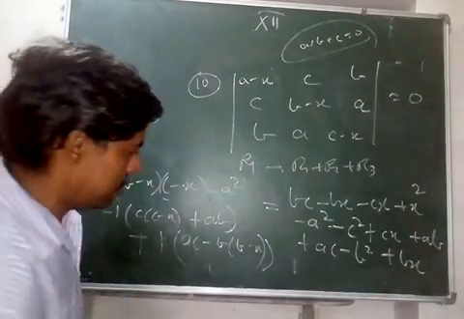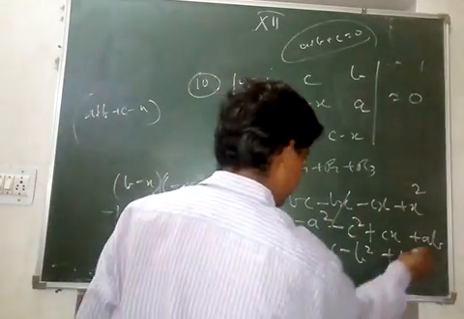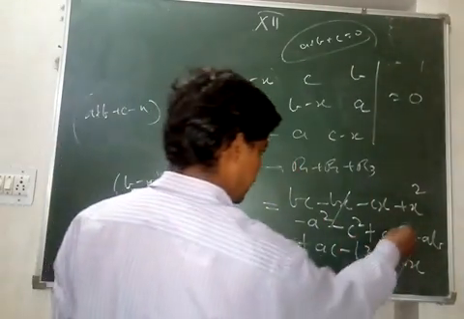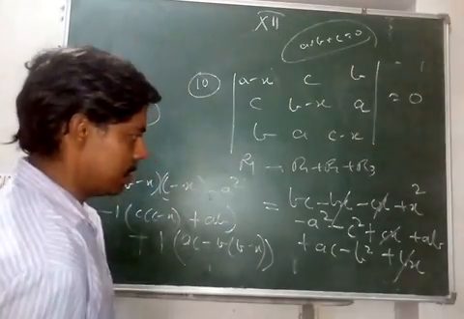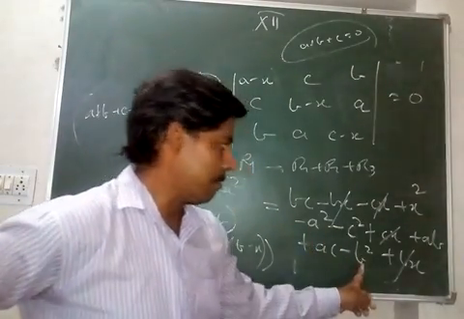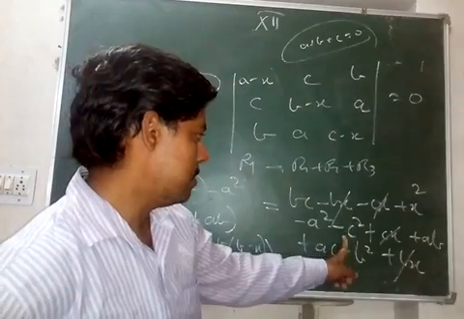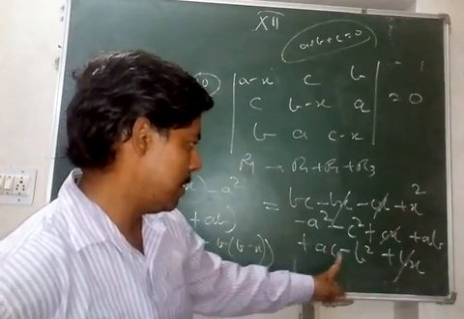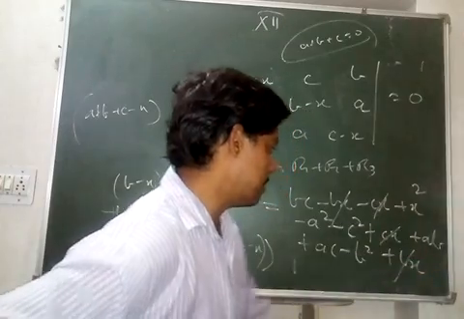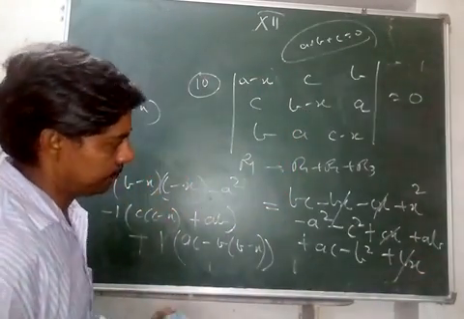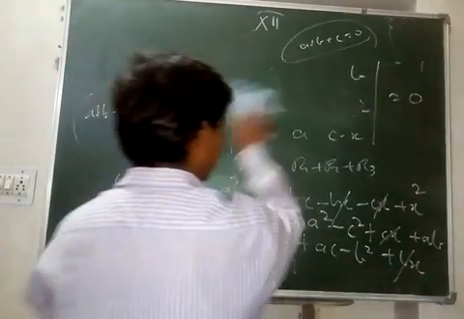So let's see what we are getting. These two get cancelled, cx and cx get cancelled, right? And what is left is minus a square minus b square minus c square, bc plus ac plus one more should have been there, ab, and plus x square. So I am writing it on the top here.